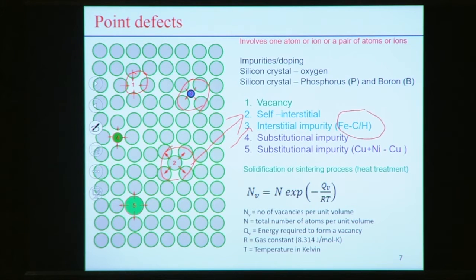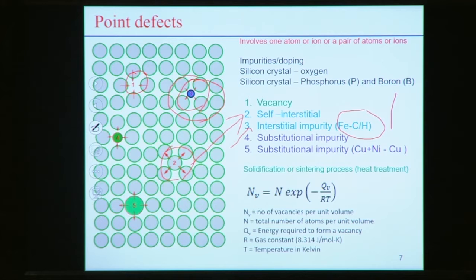So basically in low carbon steel, carbon acts as an impurity, and carbon will always try to take the interstitial position, but the size of the atom in this case is smaller as compared to the parent atom, which is the iron atom.